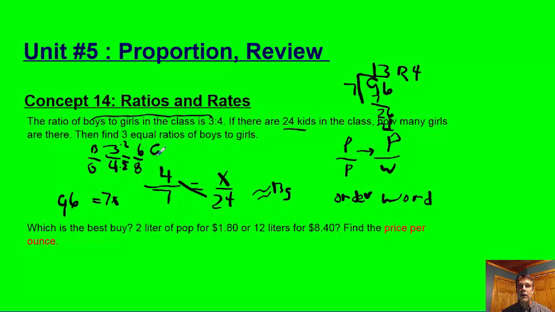I'm going to get 9/12. That's equal. And then multiply top and bottom by 4. I'm going to get 12/16. These are 3 equal ratios. 12/16, 9/12, 6/8 are all equal to 3/4. Okay, and that's how you find equal ratios.